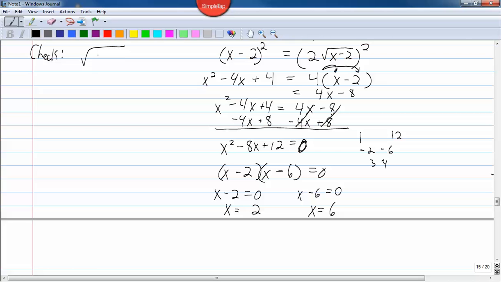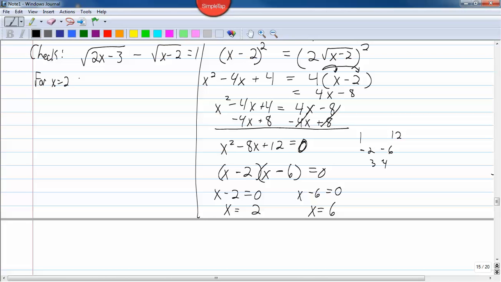Alright, the original was the square root of 2x minus 3 minus the square root of x minus 2 equals 1. Alright, so take our two answers and plug them in.